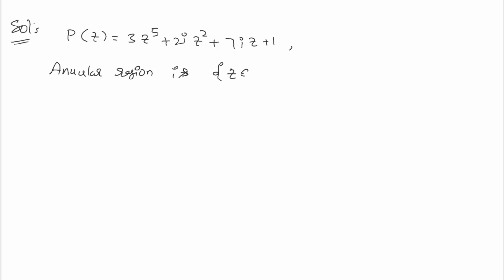z in C such that 1 less than mod z is less than 7. That means the annular region is like, suppose this is the circle of radius 7 with center origin.